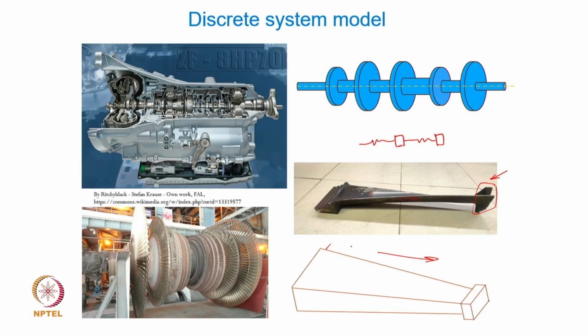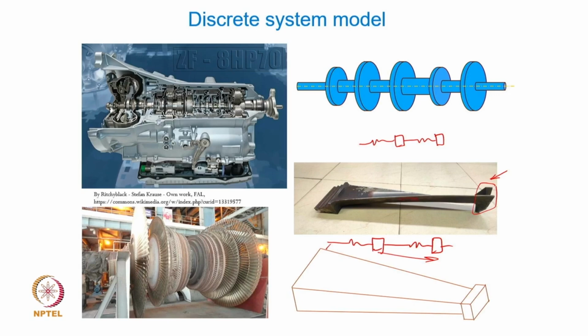So we can't have only 2 or 3 mass elements to properly represent a turbine blade, and these turbine blades are very complex vibratory systems, and an accurate estimation is in order.